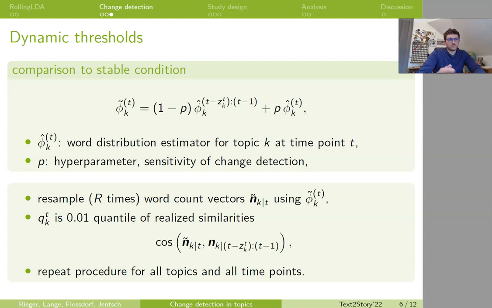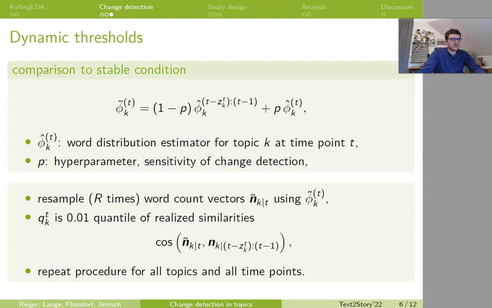The estimators can be computed really straightforwardly based on the word count vectors, referring to Griffiths and Steyvers. So here we have our second hyperparameter named P for the change detection algorithm. And in my eyes, this is the more important one.